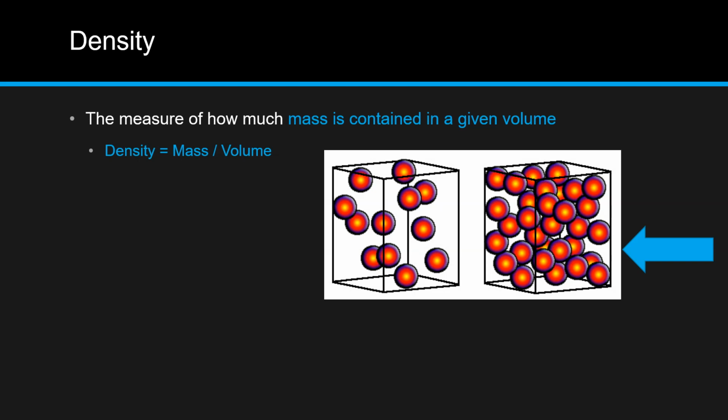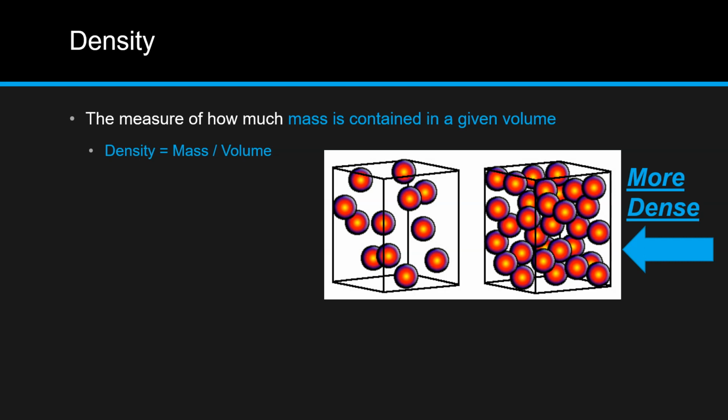It has more particles inside that space, so it's going to have much more mass. This means that the substance on the right is much more dense because it has more particles packed into that small space. The one on the left is not very dense because the particles are pretty spread out and there's not as many of them.